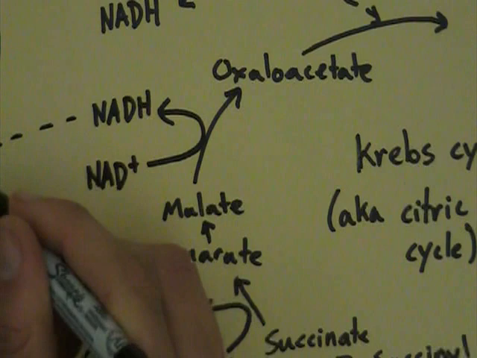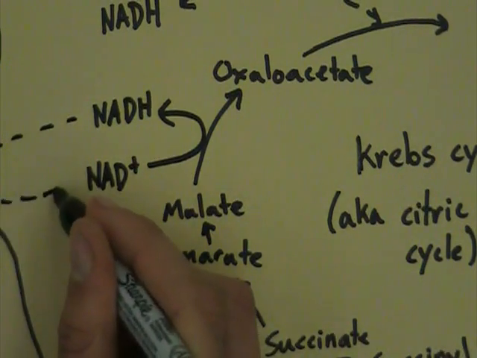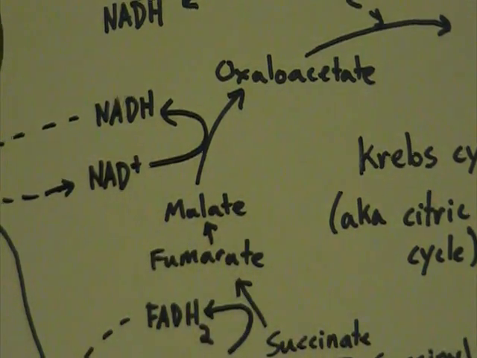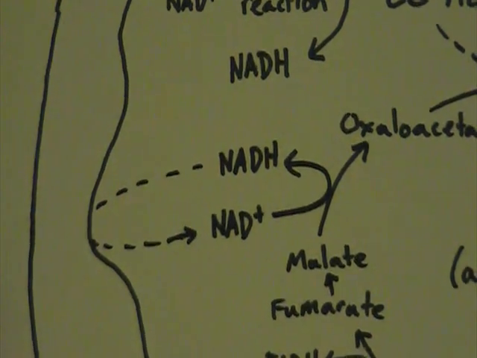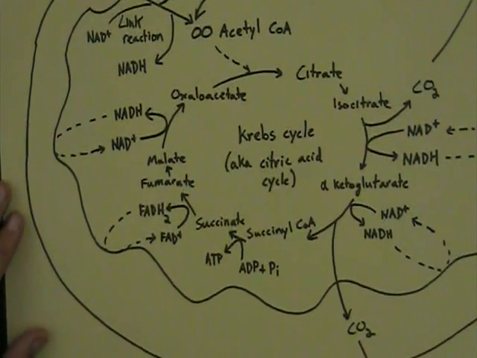So this goes off again to the electron transport chain and is regenerated like so. Ta-da! So essentially, this is the whole of Krebs cycle.